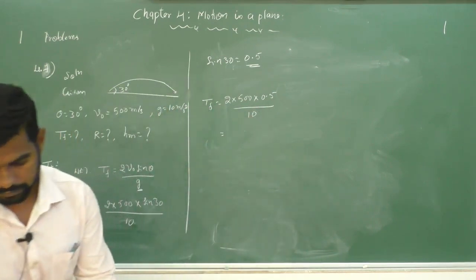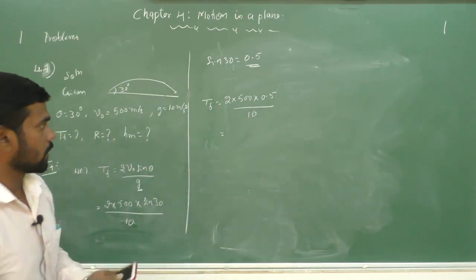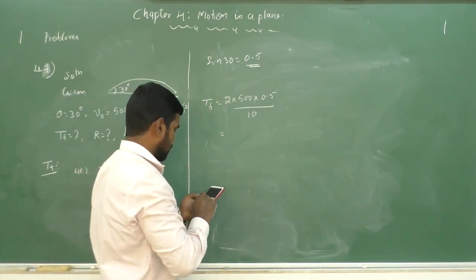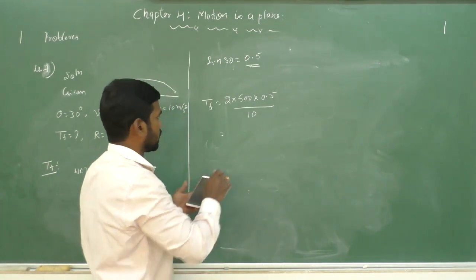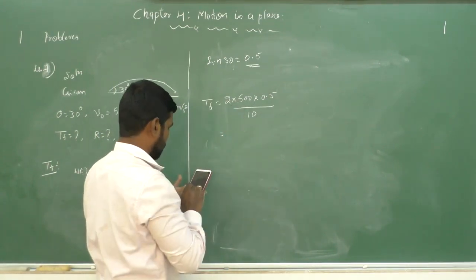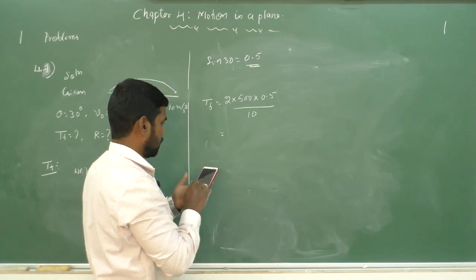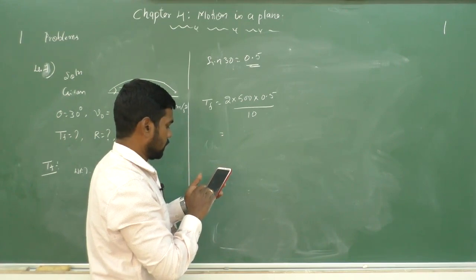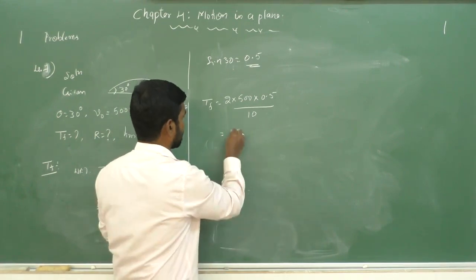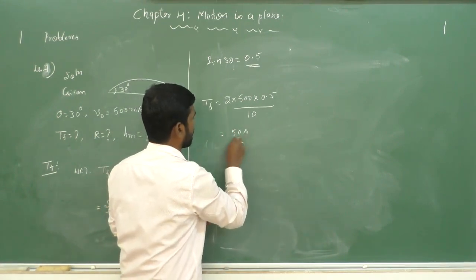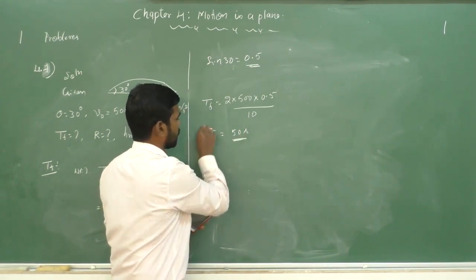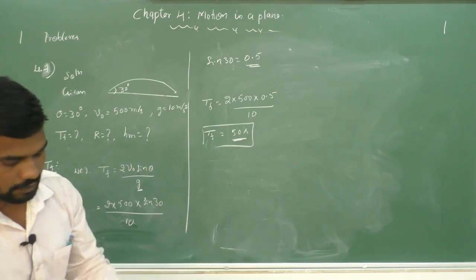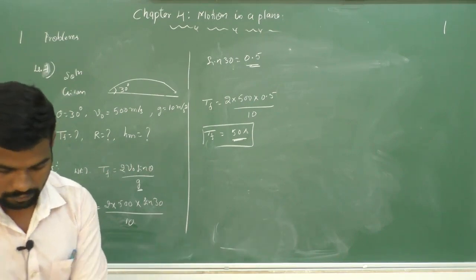What is the value we get? 2 into 500 into 0.5 divided by 10. I think it is 50 seconds. Answer, it is 50 seconds. It is correct. Now we go to the second one.